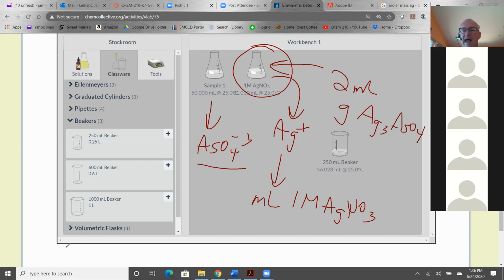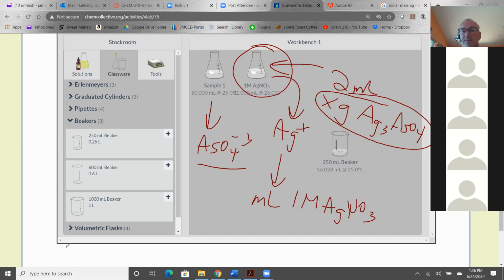At 3.5 mils, I got a different amount. At 5 mils, I got a different amount. And eventually, the amount of product will stop increasing, and then you'll know you're finished.